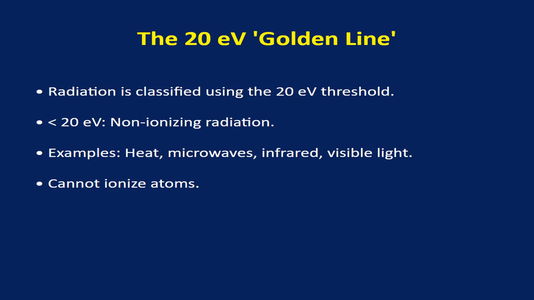If radiation has energy less than 20 electron volt, it is called non-ionizing. This includes things we use every day like the heat from a stove, microwaves that cook your food, or the visible light from your bulb. These don't have enough energy to break atoms apart.